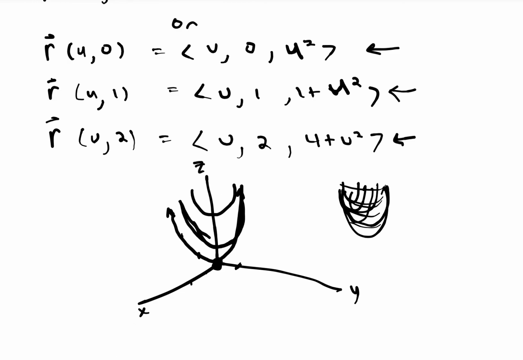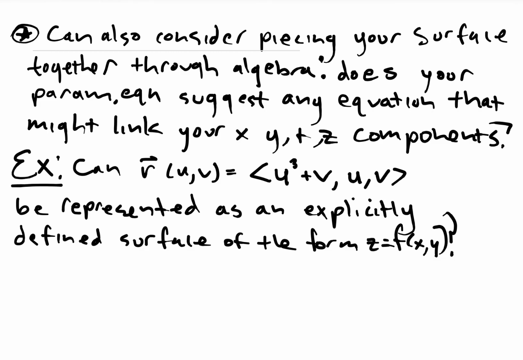Now, if that's maybe a little bit of a hassle, and to some extent potentially is, we do have graphing utilities for a reason. You could potentially ask a computer to plot a parametric curve instead of trying to do this from scratch. What if I just want an algebraic approach for doing this? We can also piece together these parametric surfaces using algebra.